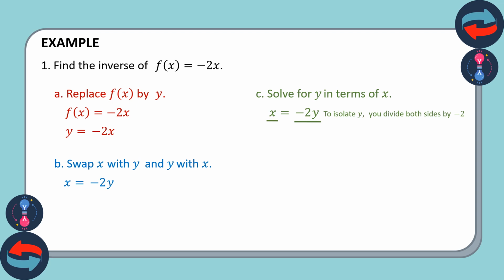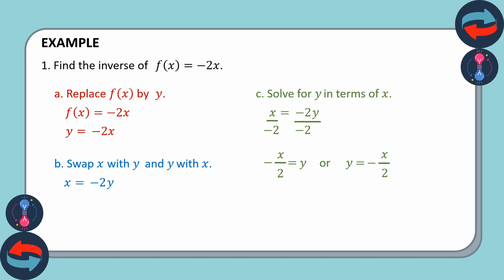So x will now be divided by -2, and -2y will be divided by -2. x divided by negative 2 is equal to negative x over 2, equals negative 2y divided by negative 2, which is equal to y. Or we may write it as y equals negative x over 2 using our symmetric property of equality.